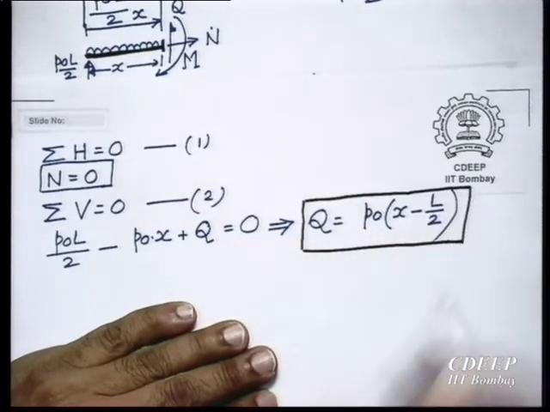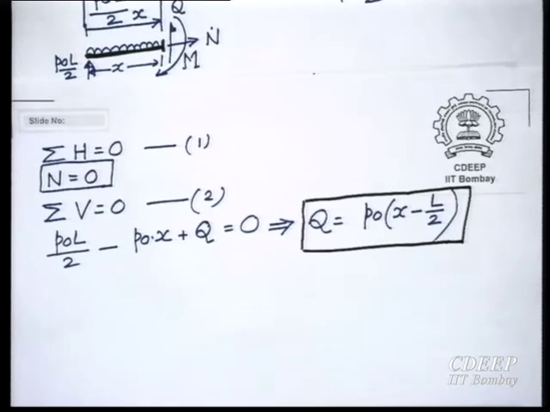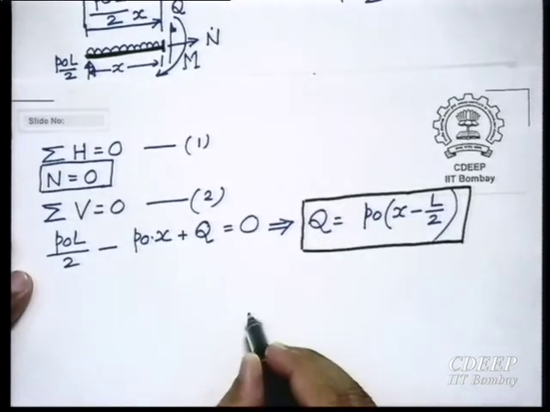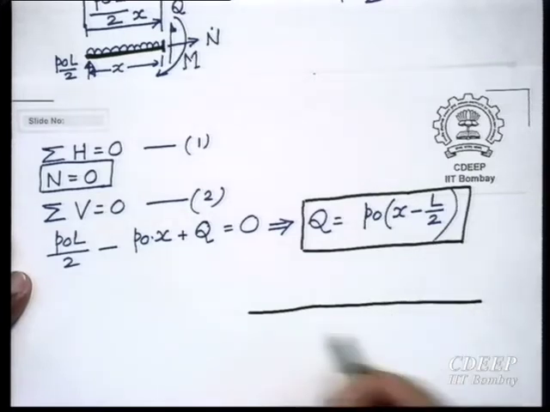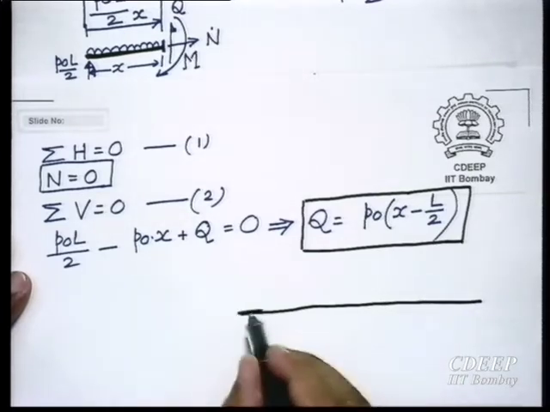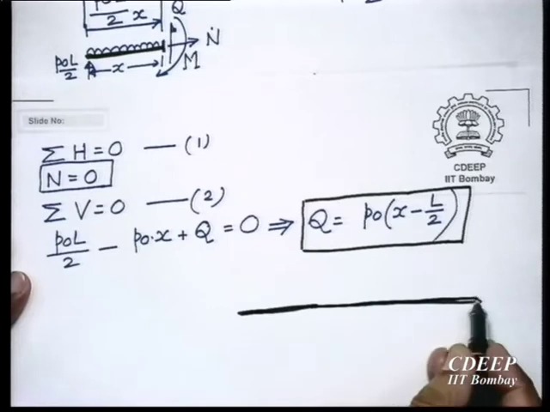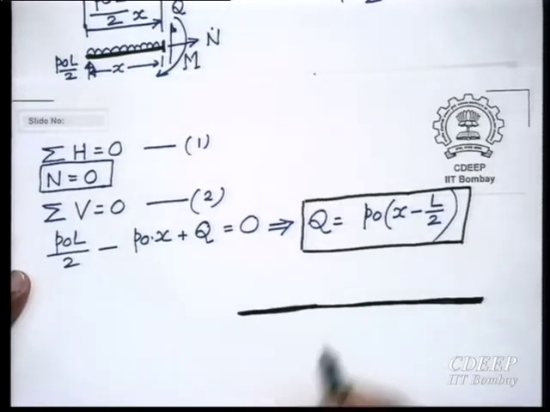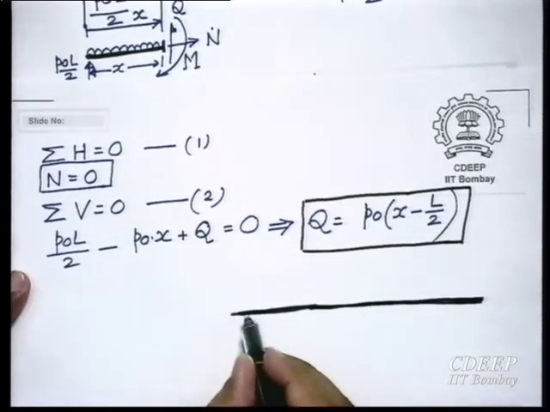This is the expression for q. q is a function of x. It is varying because we are trying to find the variation of shear force along the length of the member. So, please draw this. You should always draw it and understand why it is minus and why it is plus. I am going to ask you this question.